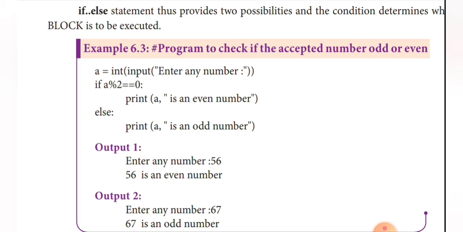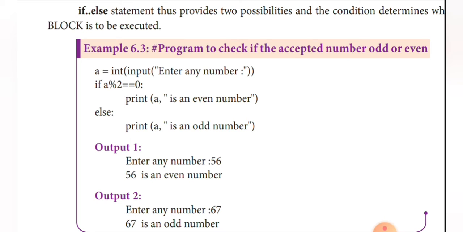Now in this statement we are getting the value for a, and then you have to check whether this number is an even number or an odd number. So: if a % 2 == 0. The modulus operator is used to provide the remainder value. When you want to check whether the number is even or odd, we divide that number by 2.